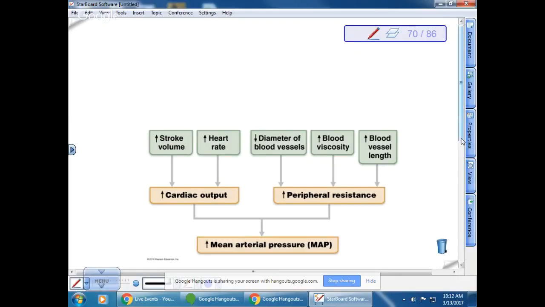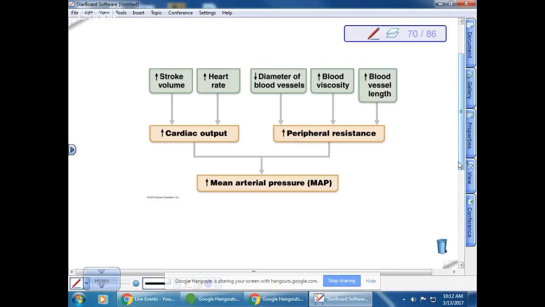In your book, they have the things that affect blood pressure in a flow chart. This just shows what increases, so what would cause hypertension? This is again in the artery. So this would be increased cardiac output, which has to do with stroke volume and heart rate. And then an increase in the peripheral resistance also increases arterial pressure, okay?